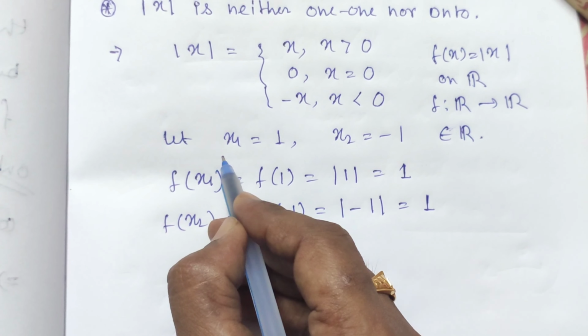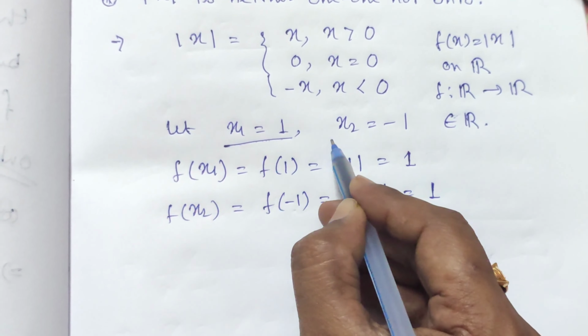Now look, here we have considered two different pre-images, 1 and minus 1. But for these two different pre-images we get the same image. In the Venn diagram, if we denote this point as minus 1 and this point as 1, both map to the same element 1 in the codomain set.